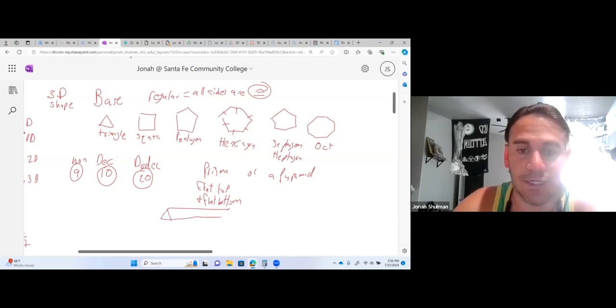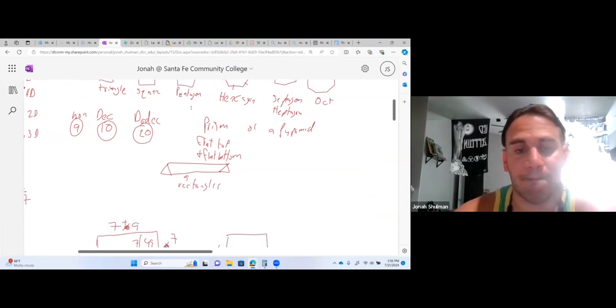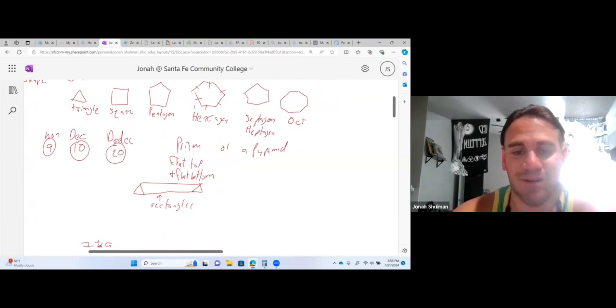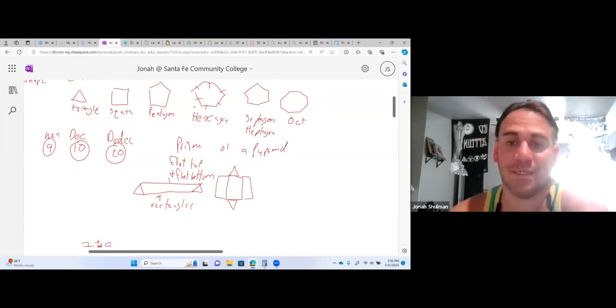So this is a triangular prism because it's made up of rectangles. And if I were to cut this thing up, guess what? If I were to cut up this thing, I'd have a triangle, and then I'd have 1, 2, 3, because we fold it all together to make it.